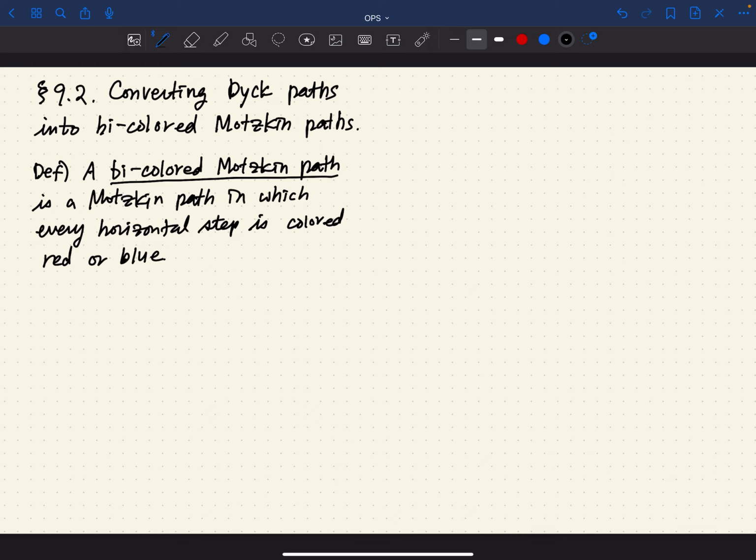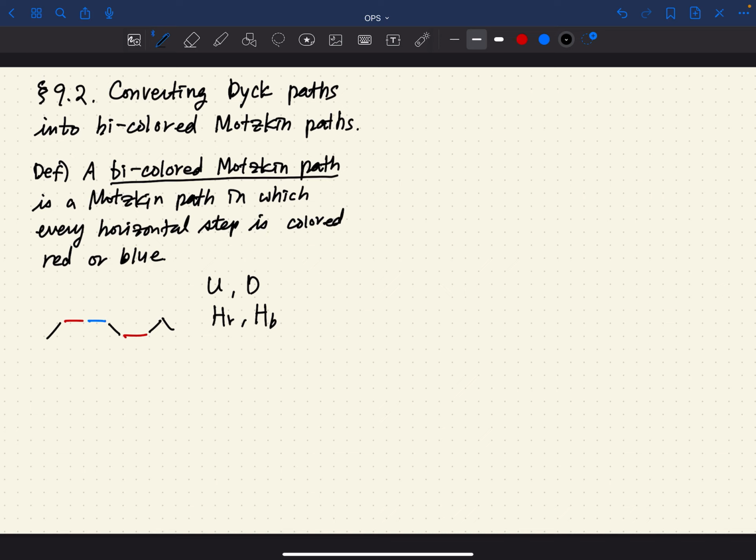So like up, horizontal, down, horizontal, up, down, something like that. And we're going to use U for up step, D for down step, HR for red horizontal, HB for blue horizontal.